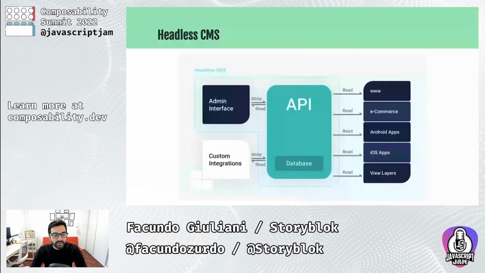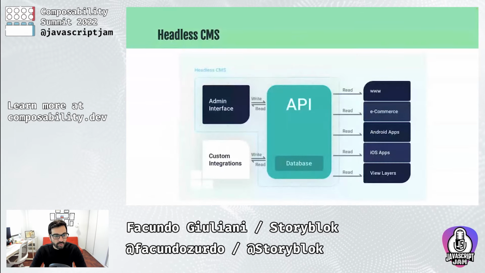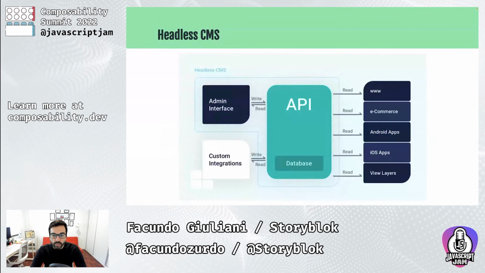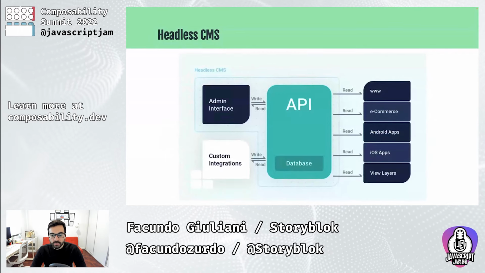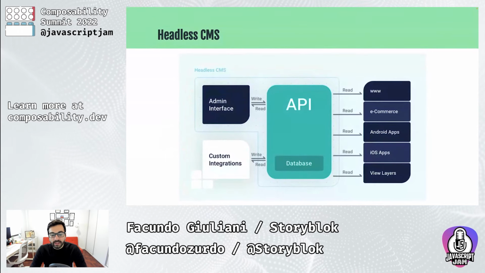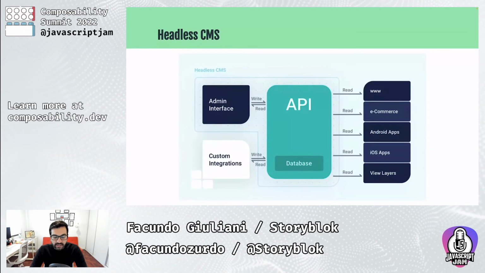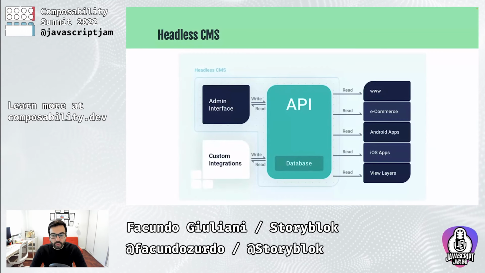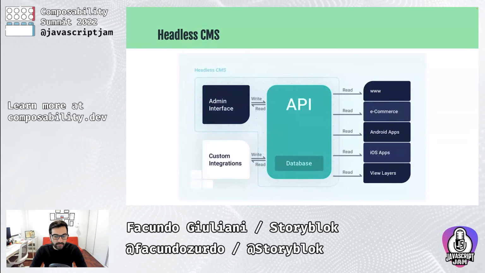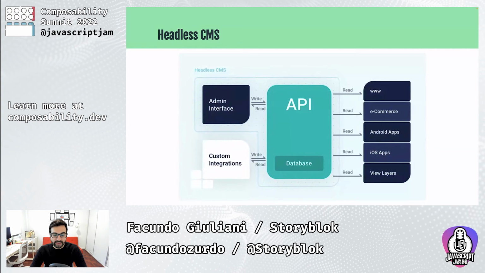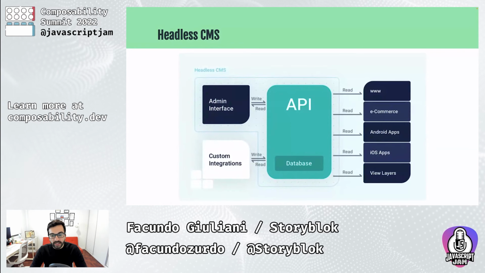So we will have an architecture very similar to the one that we saw before, with an admin interface that we can use to create the content that we are going to expose in our projects. But this content that we are creating and that is going to be stored in a database will have an API that we can use to connect from any channel, any presentation layer that we want, that is able to connect to a particular API.